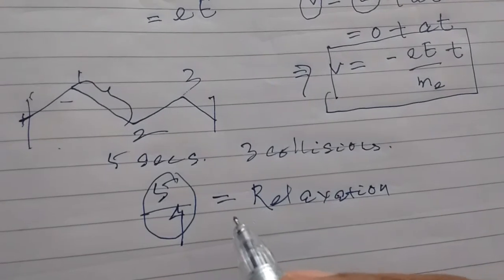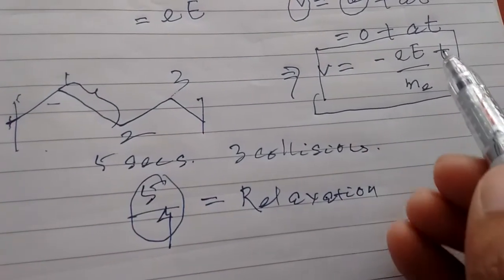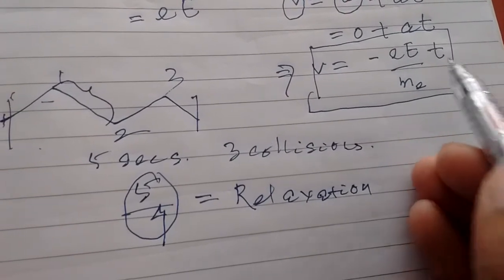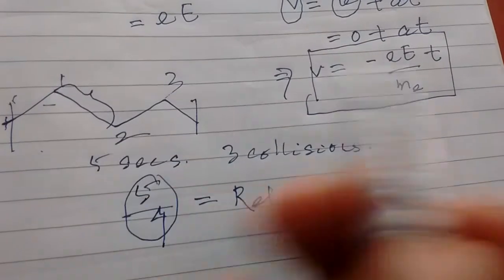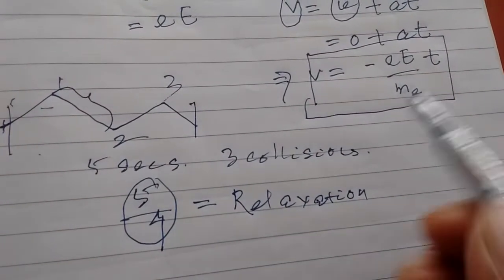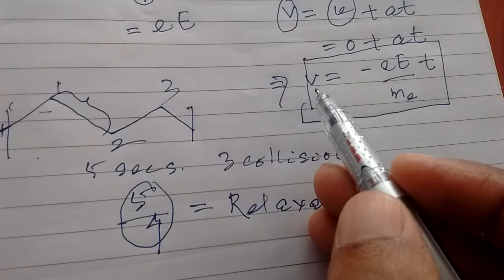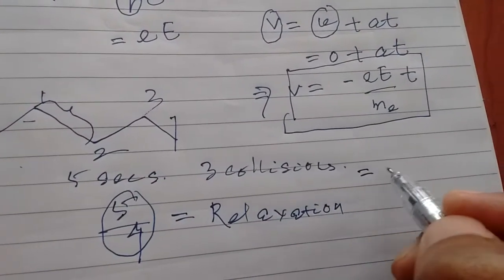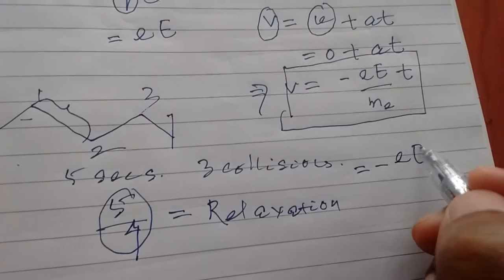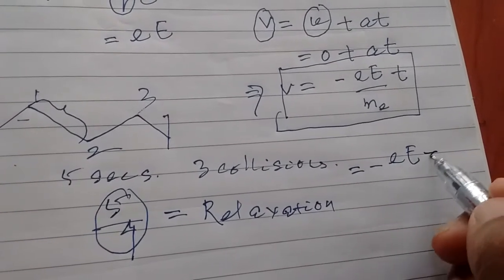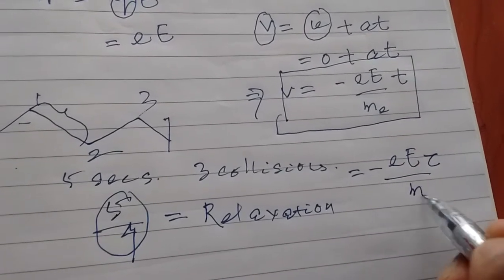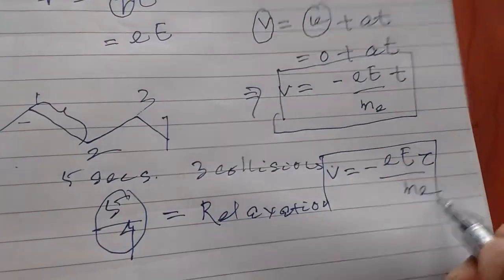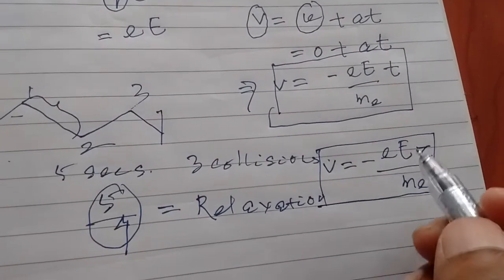So this t, what is the amount of t? t is nothing but the time between two successive collisions. Since the velocity v is attained by the electron only when it moves between two successive collisions, we can replace t by the relaxation time, which is denoted by tau. Got my point? Now this is the final expression of v.